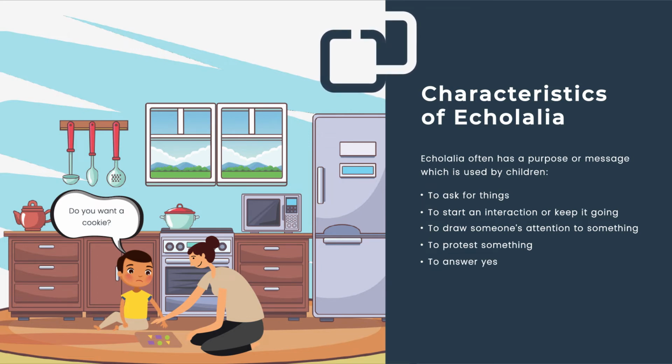And also to answer yes. Sometimes he may say, do you want your yogurt? when mom is asking, do you want yogurt? That means he really wants yogurt. He's not asking the mother, do you want yogurt? He is saying yes there. And a child with echolalia can be helped.